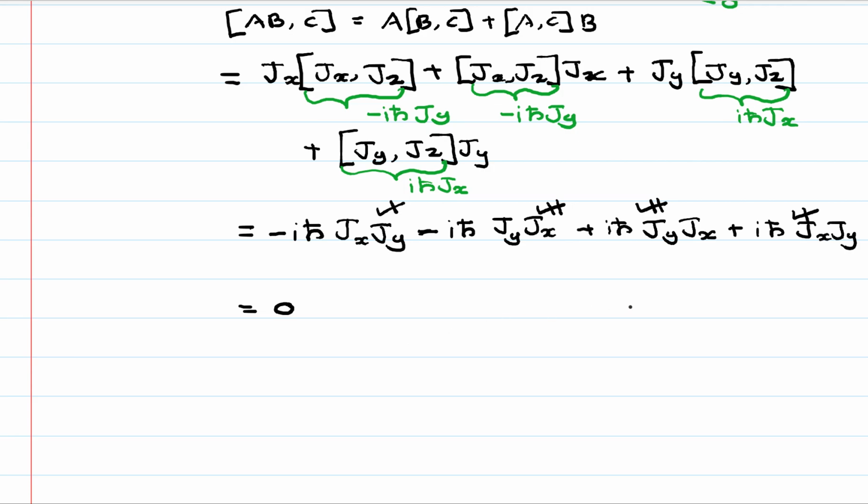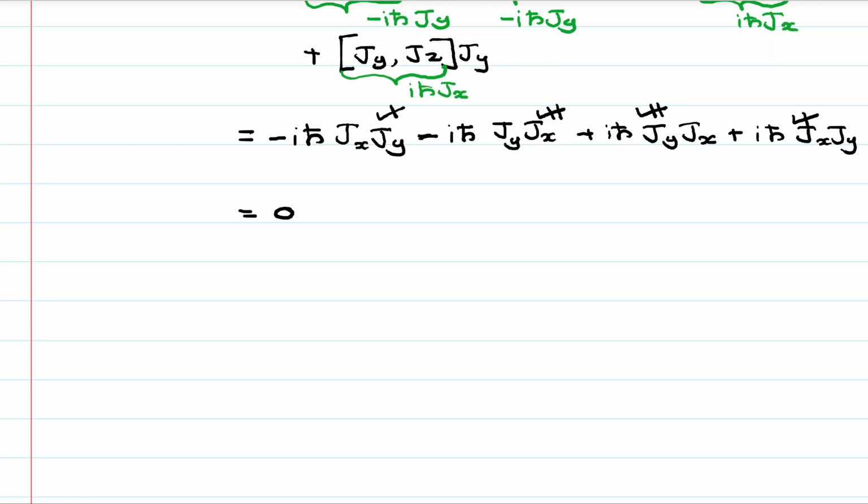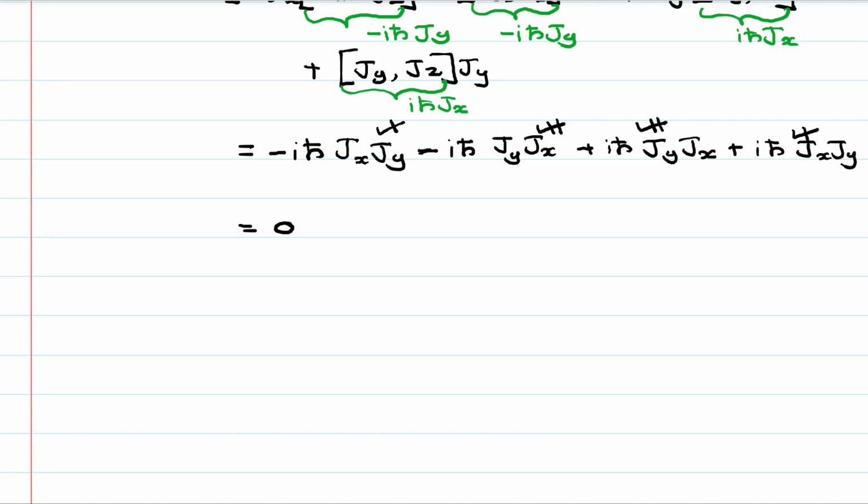Now we are going to define simultaneous eigenvectors of jz and j square. Before that, we have to look into certain things. We know that jx, jy, jz do not commute with each other.